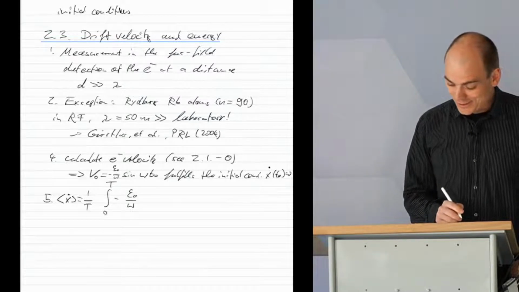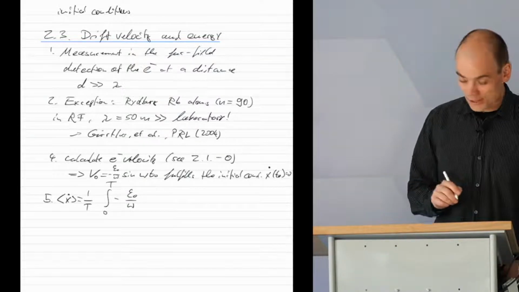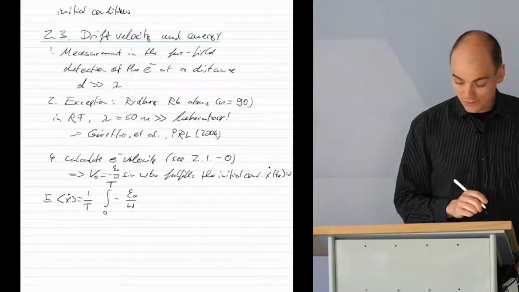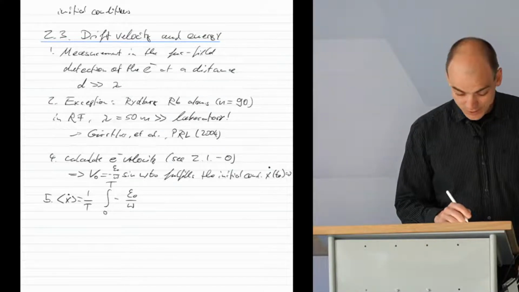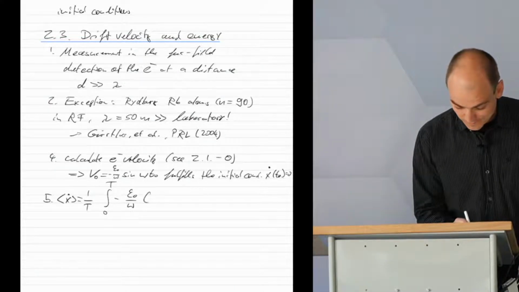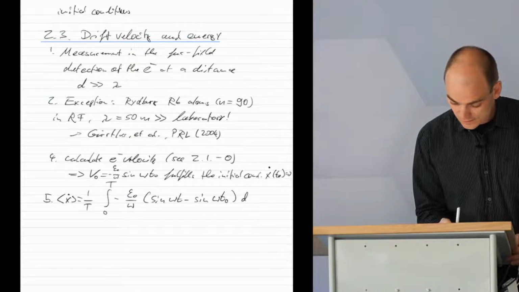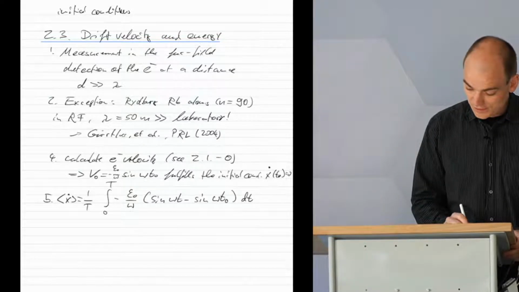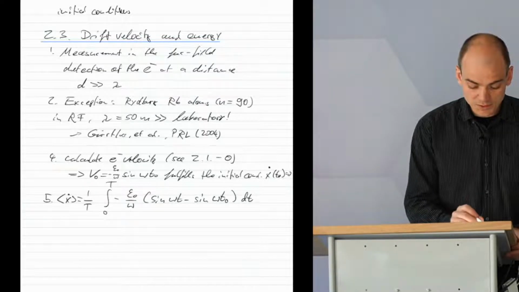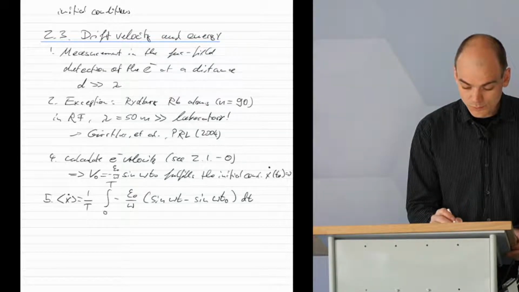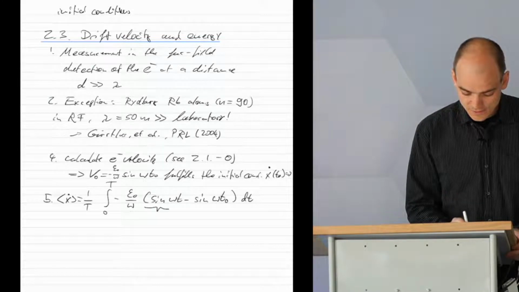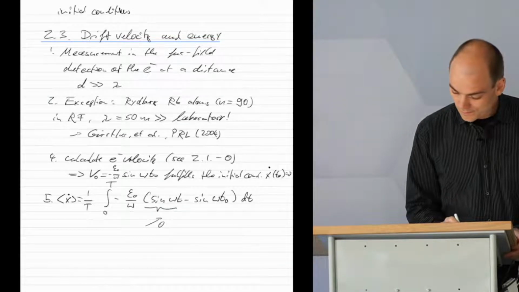Okay, so this is our expression for v0, and now we calculate the drift velocity. So we have here sine omega t minus sine omega t0 dt. And then, of course, we can split the integral, and what we find is that this term goes to 0.